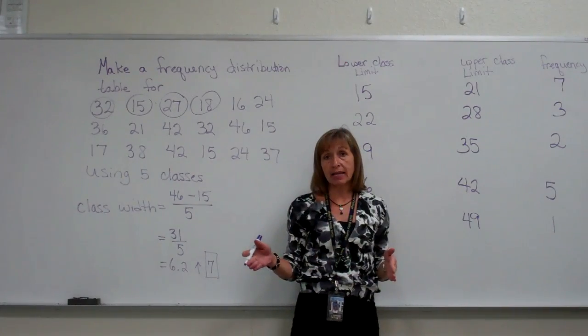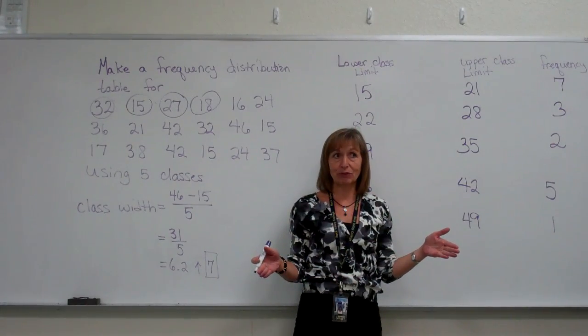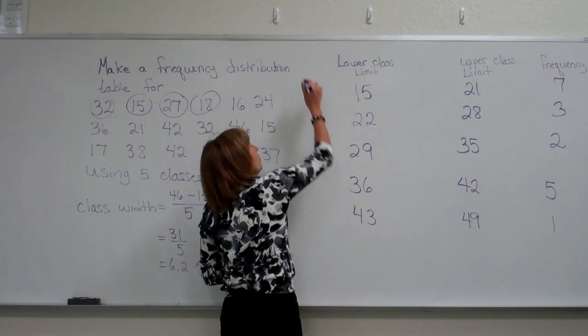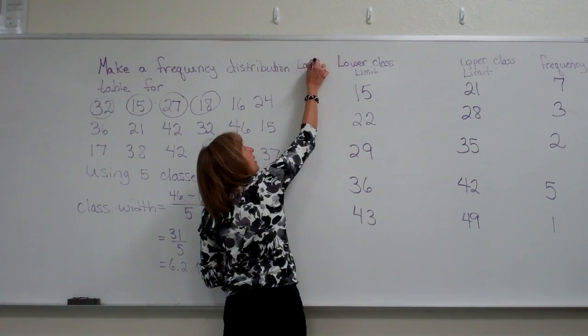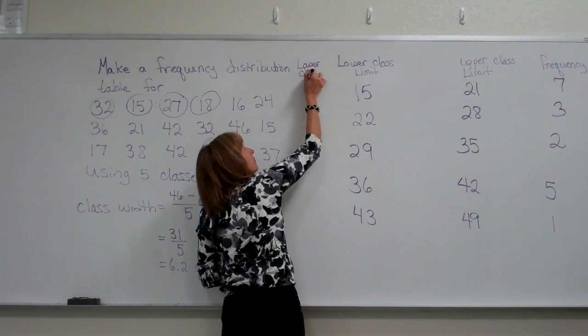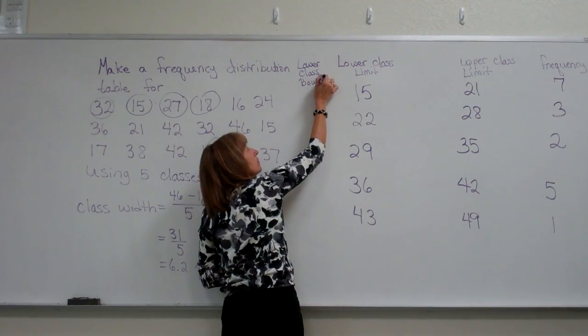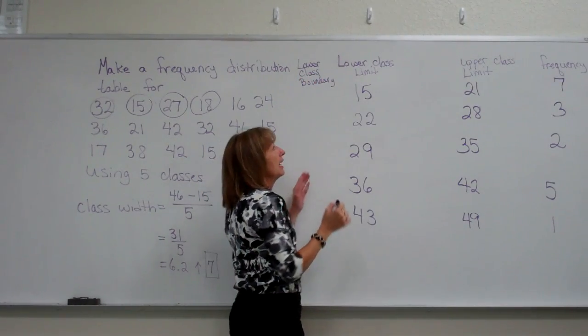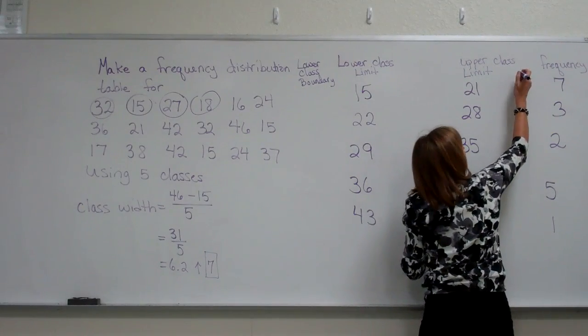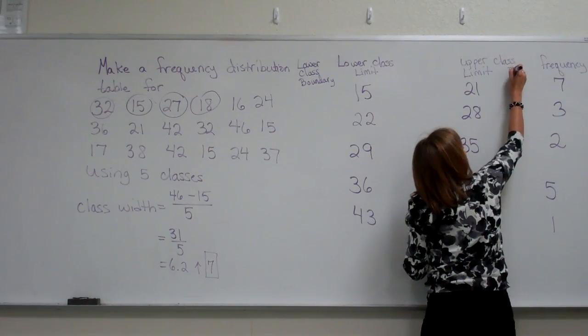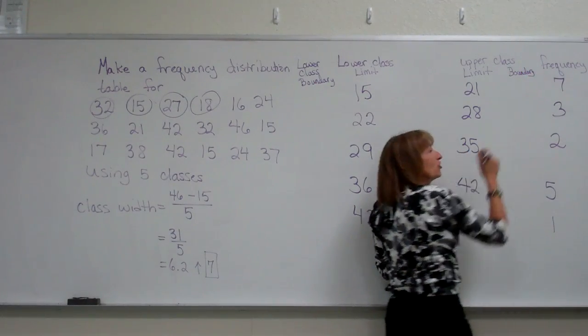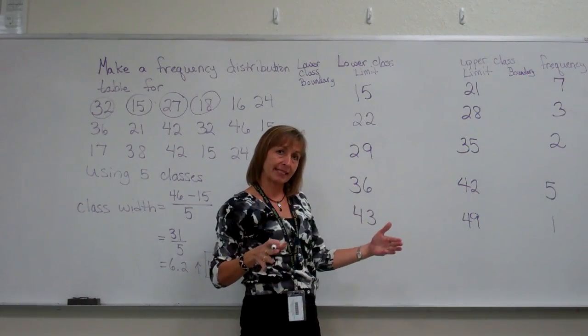I'll have a lower class boundary and an upper class boundary for each class. So we'll write lower class boundary on this far end, and on the other side of the upper class limit, we'll write upper class boundary. It's just another way to denote your classes.